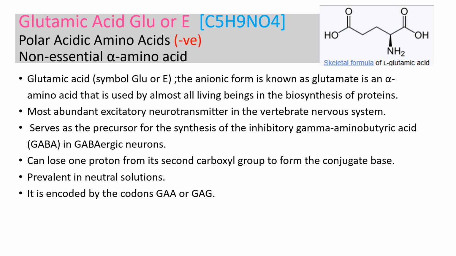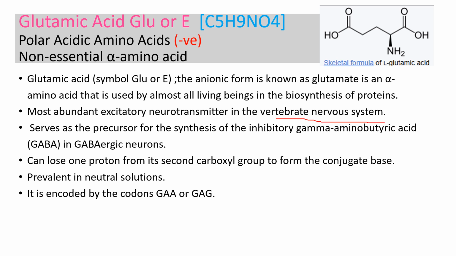Glutamic acid is again a negatively charged non-essential alpha amino acid, C5H9NO4, GLU or E. It is in anionic form. Anions are negatively charged, right? Known as glutamate. Don't try to mix it up with glutamine. A lot of students do, but you don't do it. It is the most dominant excitatory neurotransmitter in the vertebrate nervous system, very important, remember.